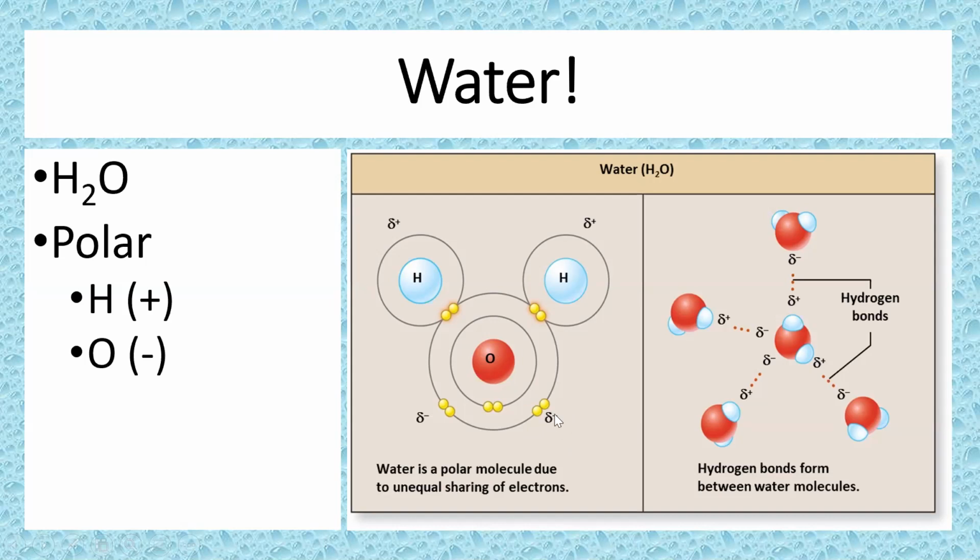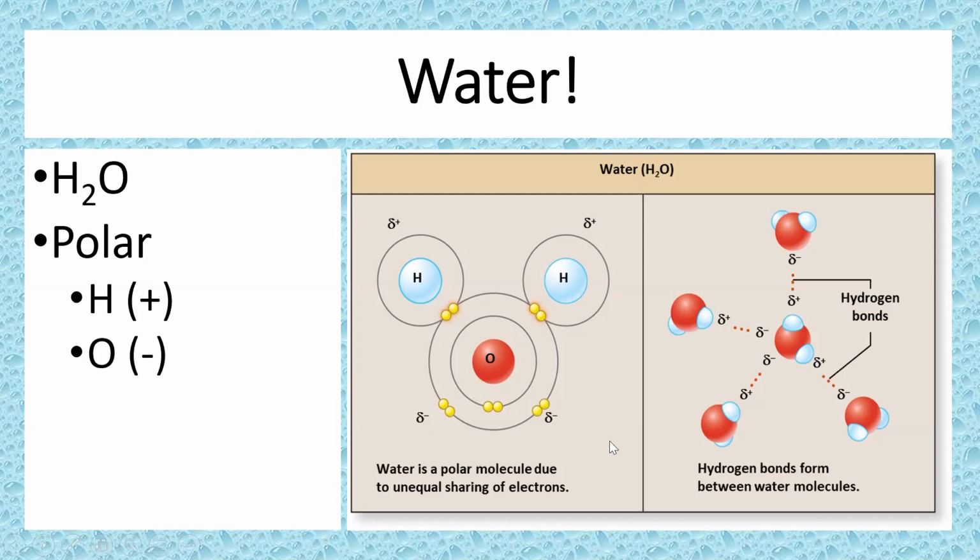So it's partial, it's not fully negative because you have the electrons being shared by hydrogen. And then you have hydrogen, which is a partial positive. Again, it is partial because it's not fully positive because you also have the electrons being shared by oxygen.